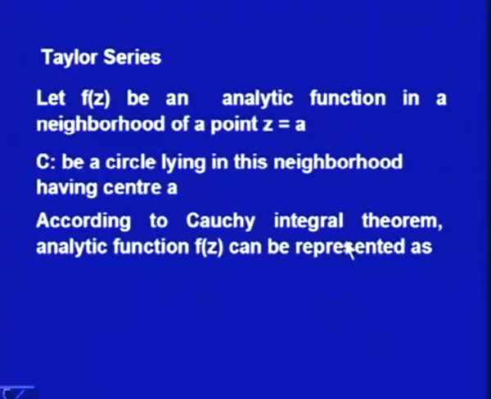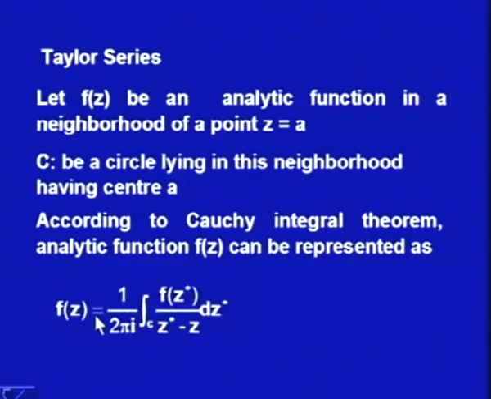According to Cauchy's integral theorem, the analytic function f(z) can be represented as f(z) equals 1 upon 2 pi i, integral over the closed curve C of f(z*) divided by (z* minus z) into dz*. That means we are integrating this integrand over the curve C.